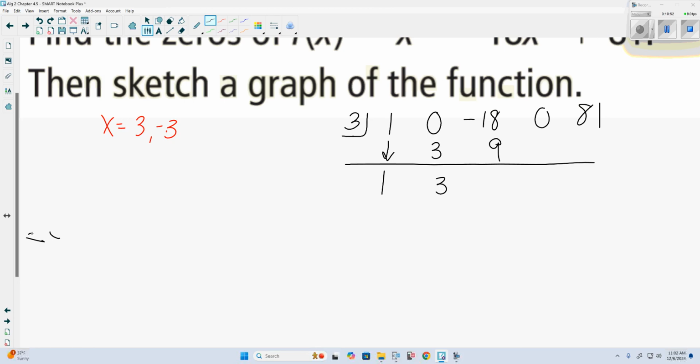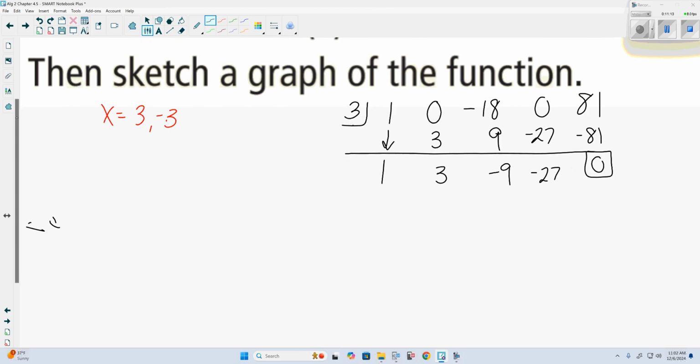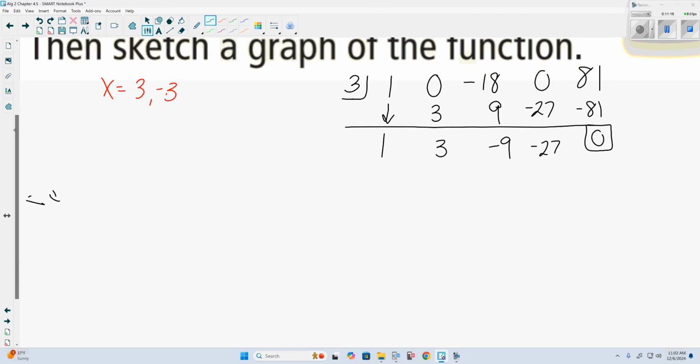Negative 18 plus 9 is negative 9. 3 times negative 9 is negative 27. 0 plus negative 27 is, well, negative 27. 3 times negative 27 is, well, negative 81, which does indeed give us a remainder of 0. And we expected that because, again, the graphing calculator told us it's a solution. It told us that value is 0. So the remainder has to be 0.